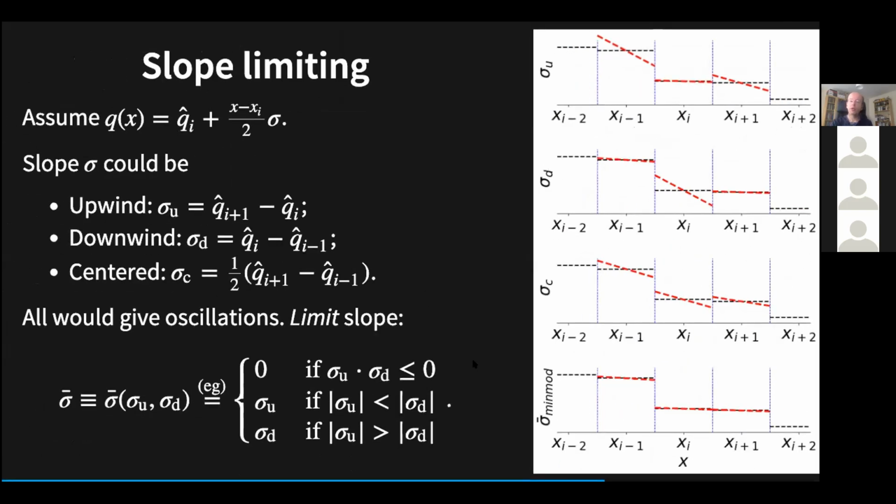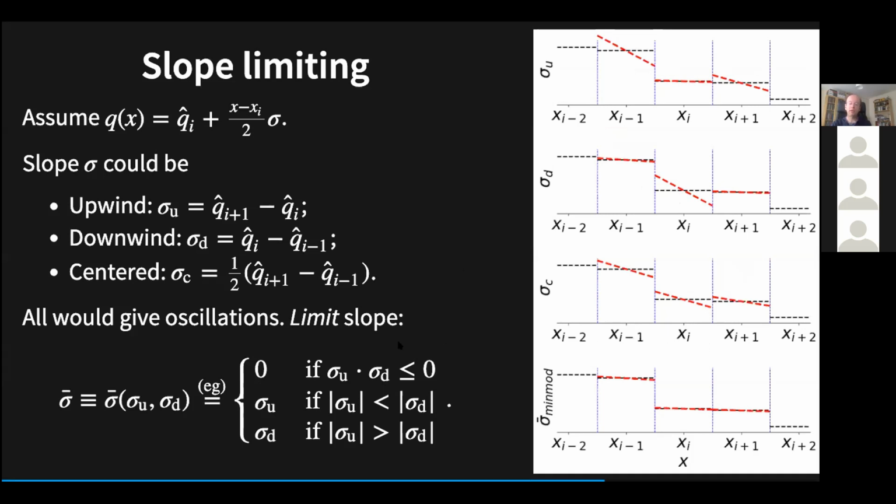So what we want to do is to choose the slope appropriately so that we get the highest accuracy that we can whilst trying to avoid the jumps that might give us oscillations. And the way that we do this is to try and check the data itself to see when there may be problems with shocks.